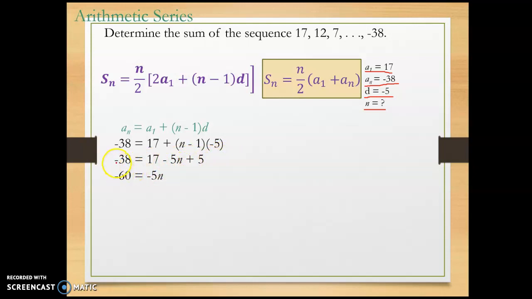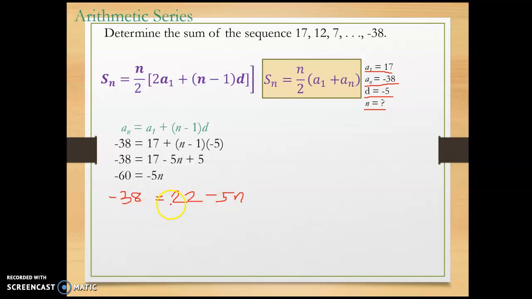So we add something here to isolate the 5n, to make 22 become 0. So the solution goes like this: negative 38 equals 22 minus 5n, right?